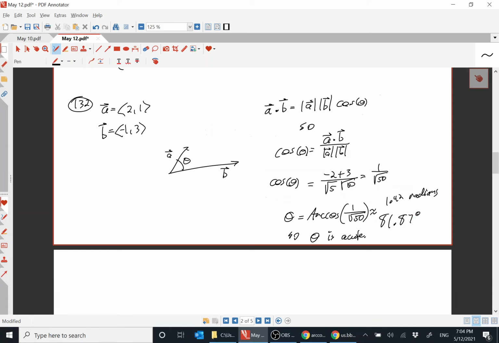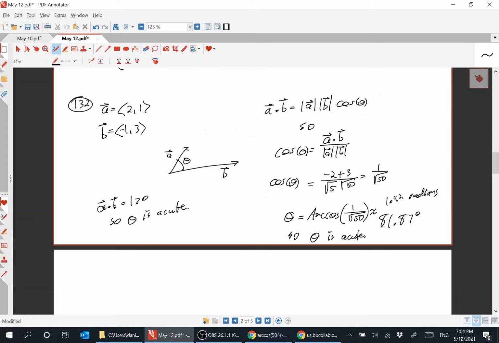So theta is acute. But of course, we already knew theta was acute because the dot product is 1, so you could have known that right away. So it's greater than 0, so theta is acute. But, you can find the angle exactly.